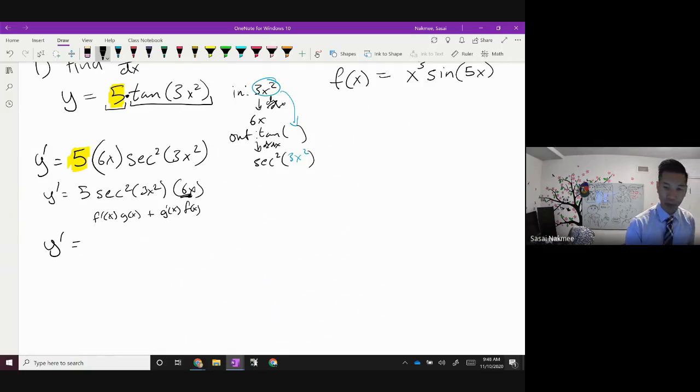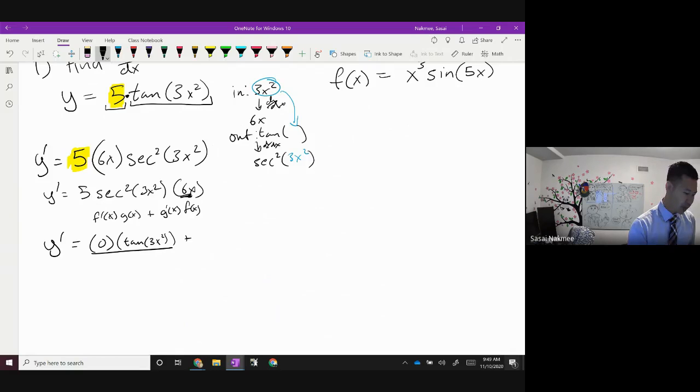You got to know these rules, by the way. The derivative of 5 would just be 0, times g of x, which is this stuff right here. But you don't care about this stuff because it's multiplying with 0. So that whole first thing disappears.